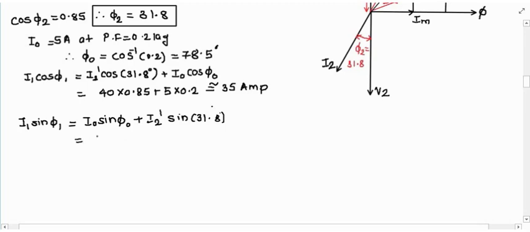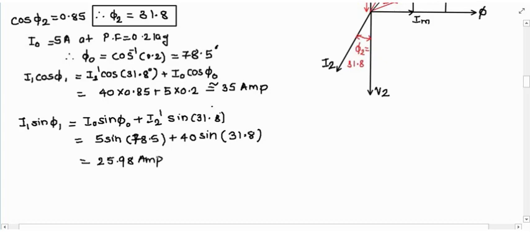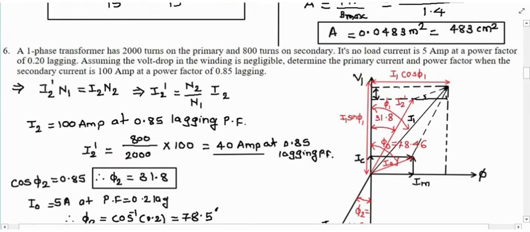So it is equals to 5 into sin of 78.5 plus 40 into sin of 31.8. So this you will get equals to 25.98 ampere.